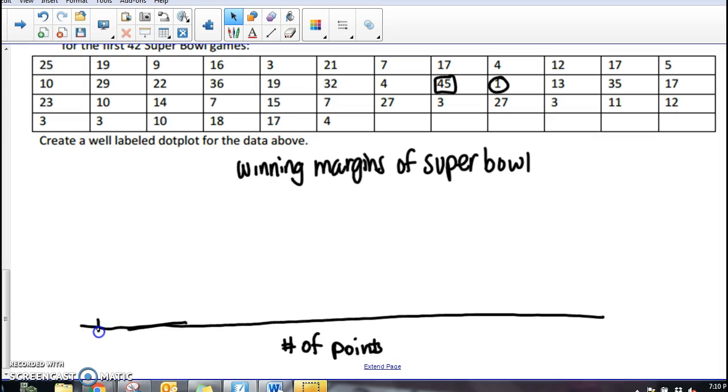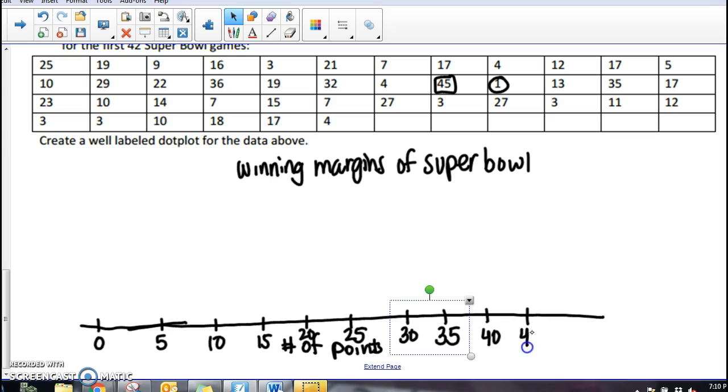You can do that as 0, and then 5, 10, 15, 20, 25, 30, 35, 40, 45, and then put tick marks 1, 2, 3, 4 between each.